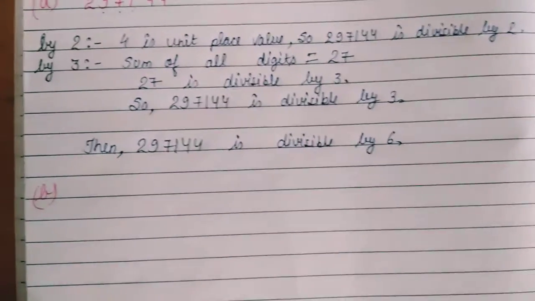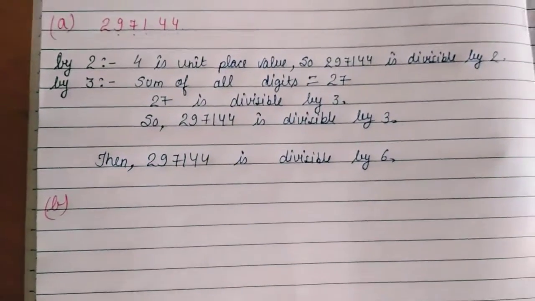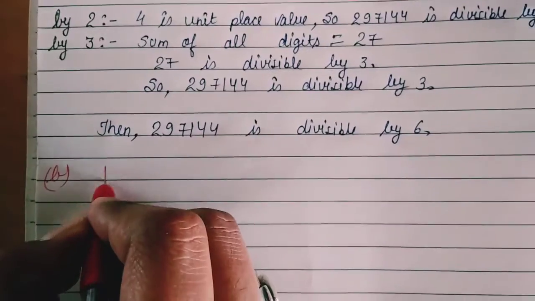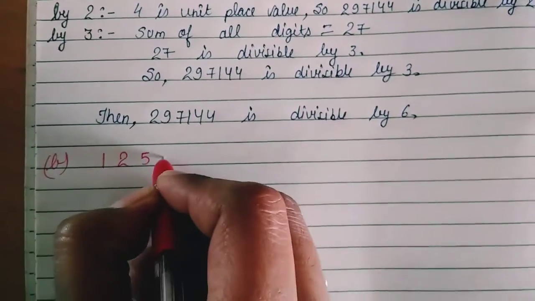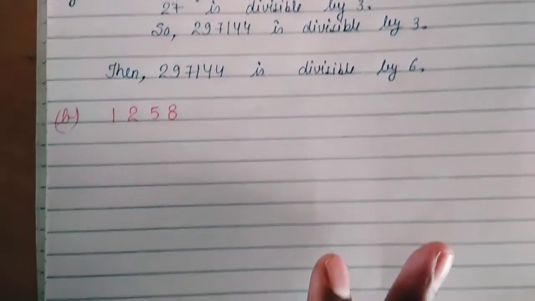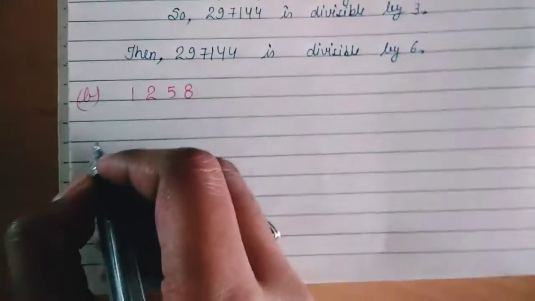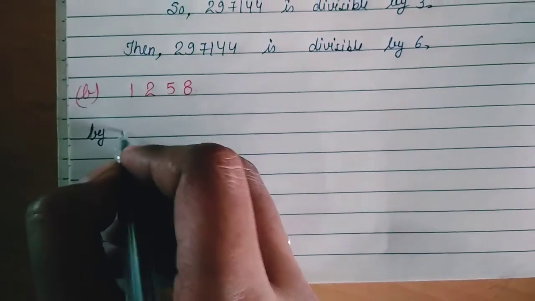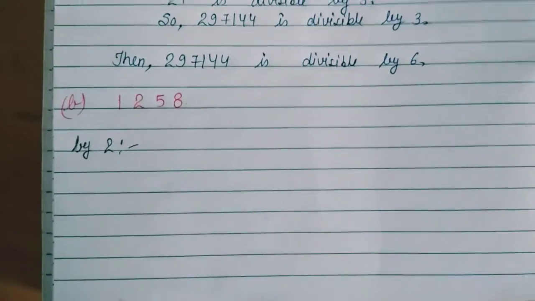Then the next number of question number 3 is 1258. Firstly we have to find the divisibility for 2.